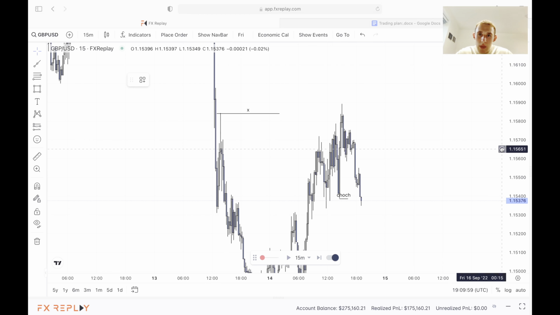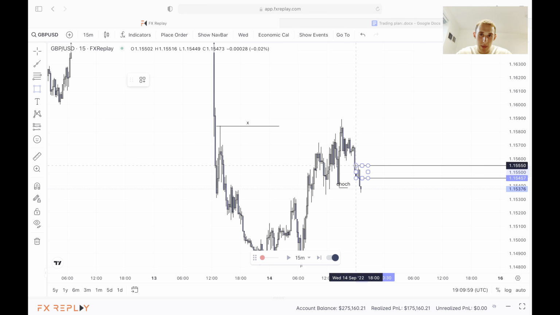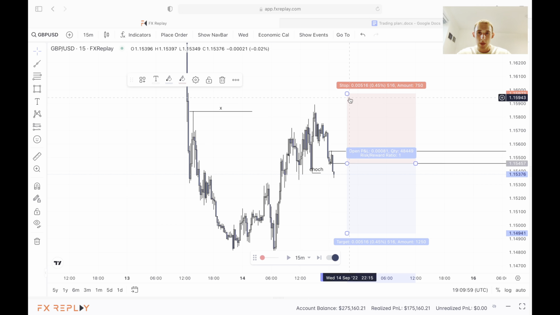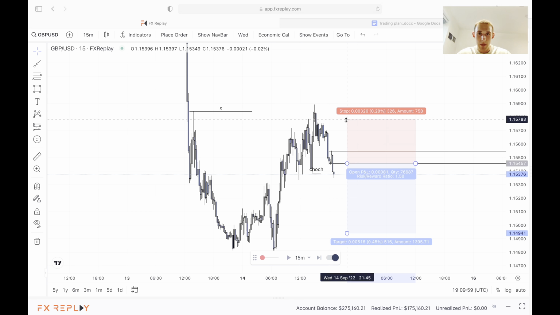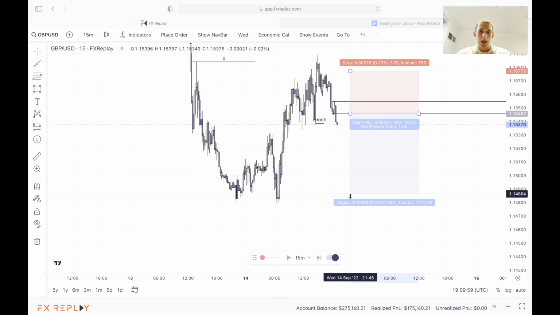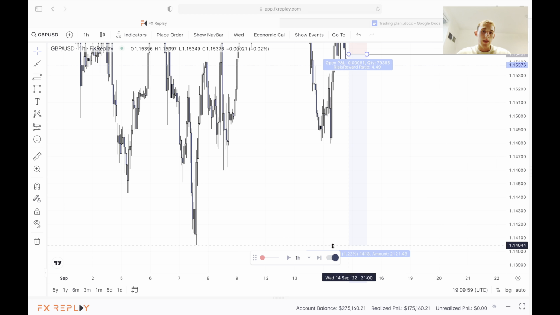And this is the zone which caused that flip, and by flip, I mean change in structure. So enter on this zone, stops above here because price could always come up and retest into the imbalance, targeting this previous low.